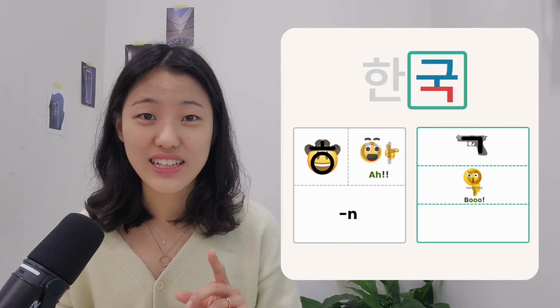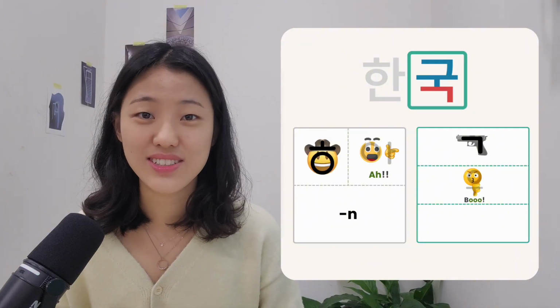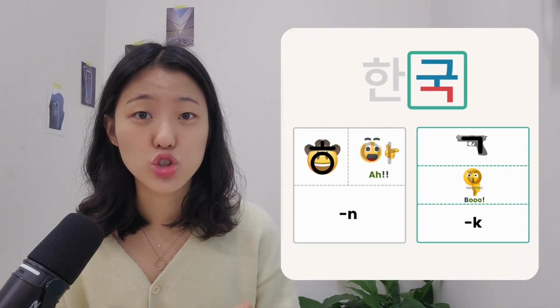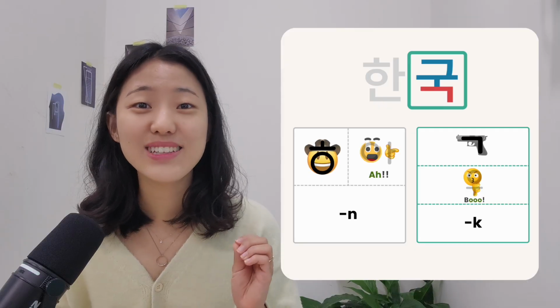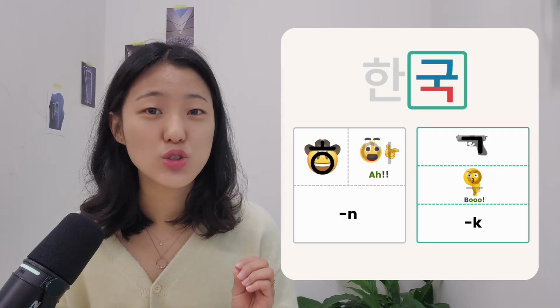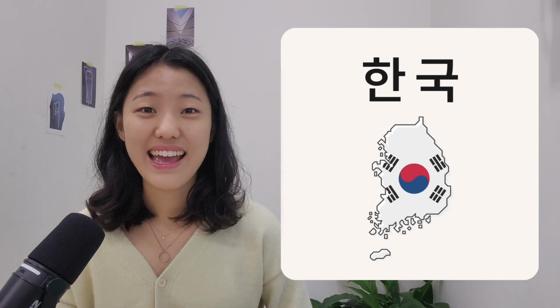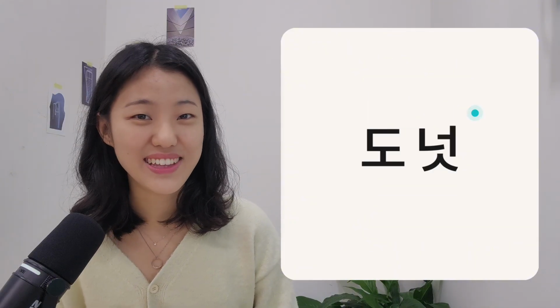And this one translates to K sound. So, it goes like 국. 한국. What is 한국? 한국 means Korea. So, have you ever come to Hanguk? If you haven't, do you want to come to Hanguk? Welcome to Hanguk.